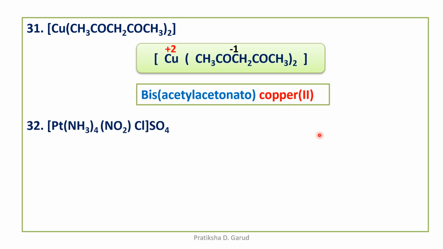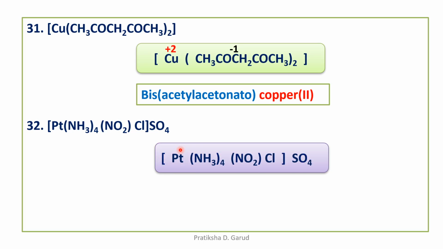Next one, Pt, that is platinum, [Pt(NH3)4(NO2)Cl]SO4. Now in this coordination compound, platinum is the central metal, NH3 is the neutral ligand, NO2 is the negative ligand, therefore minus 1 charge, chloro is the negative ligand, minus 1 charge, and outside the square bracket sulfate has the minus 2 charge.